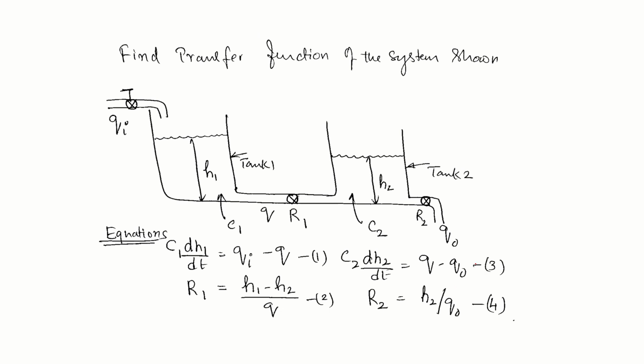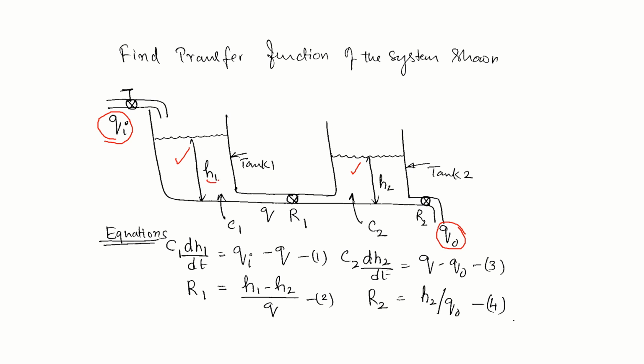Now let us take a little more complex example. I have one tank connected to another tank. Let us say Qi is the deviation in inflow rate, Q0 is the deviation in outflow rate, and Q is the flow rate from tank 1 to tank 2.